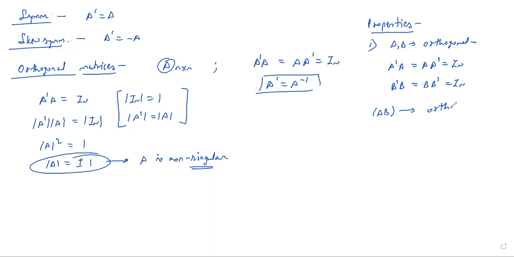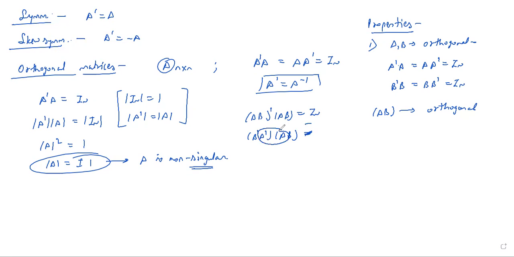We can check this: for AB to be orthogonal, we should have (AB) transpose AB equal to identity. I can write this as B transpose A transpose A B, which has to equal identity.